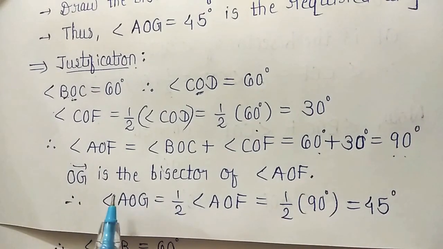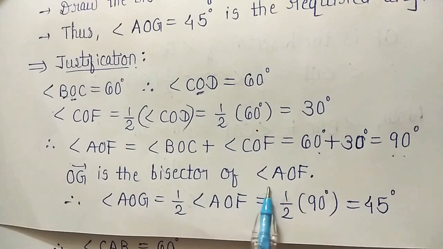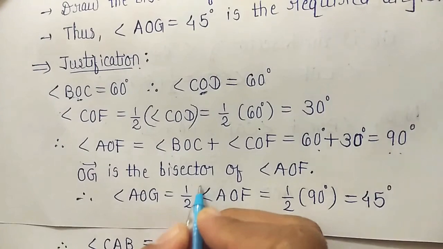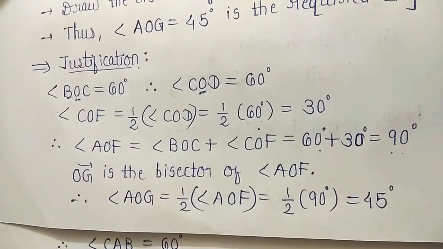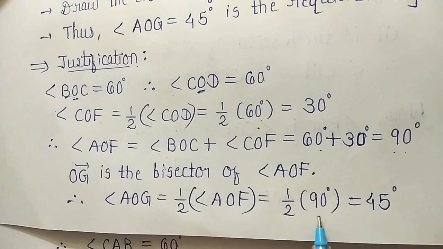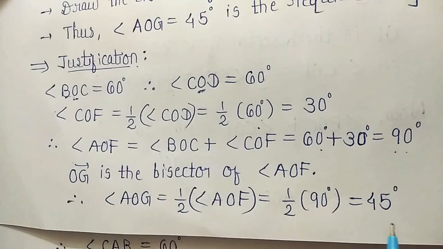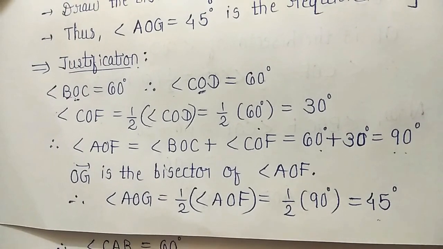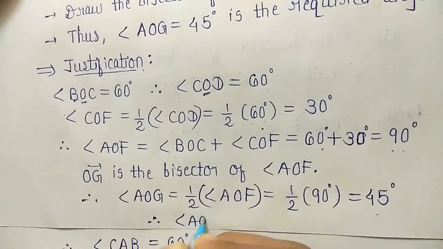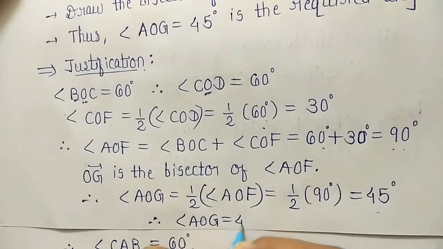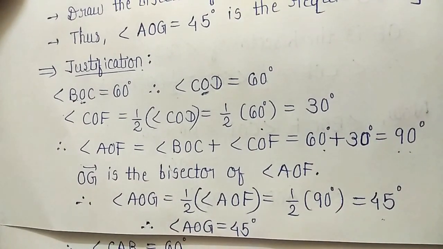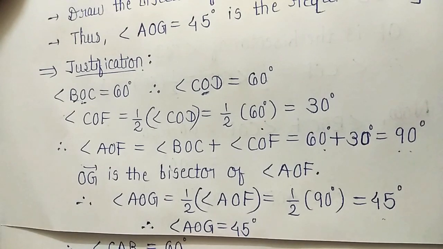Now we have OG as the bisector of angle AOF, so angle AOG will be half of angle AOF, which is equal to half of 90 degree. 90 degree divided by 2 is 45 degree. Therefore, angle AOG is equal to 45 degree. This is the justification. So here we completed question number 2.